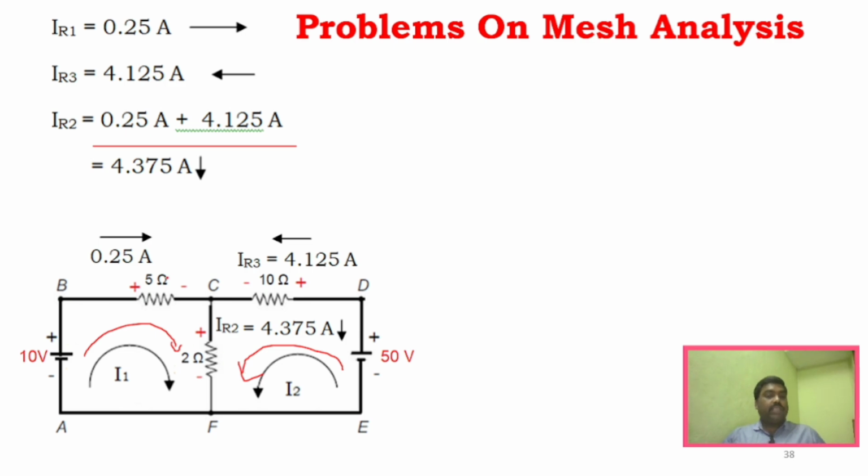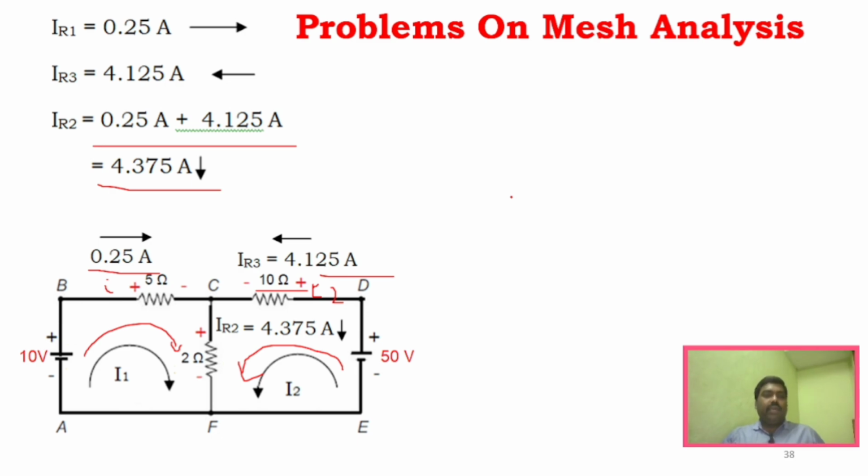You have already found what I1 and I2 are, and adding them you will find 4.375. So the current across the 5 ohm is 0.25 and the current across the 10 ohm is 4.125, because it is only I1 here and only I2 here, whereas here it's I1 plus I2. Clear?